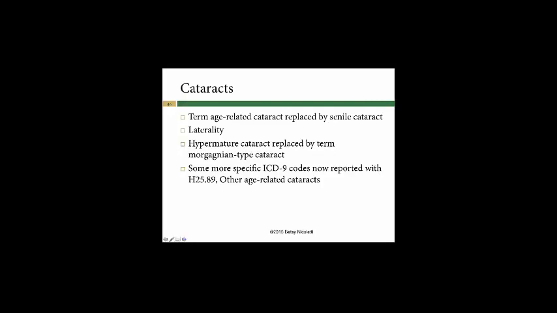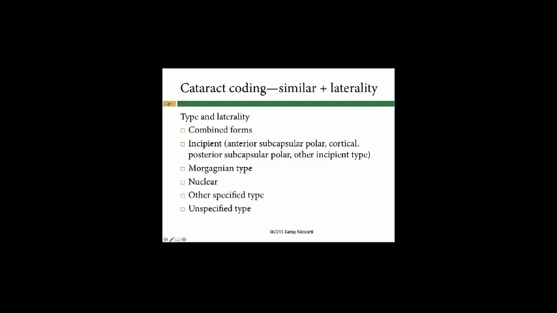You'd think if they were giving us 70,000 codes, we could be specific, but here's one. H25.89, other age-related cataracts, is a code that you might have a more specific code for now. There are a lot of similarities between ICD-9 and ICD-10 for cataracts, but with this addition of laterality.